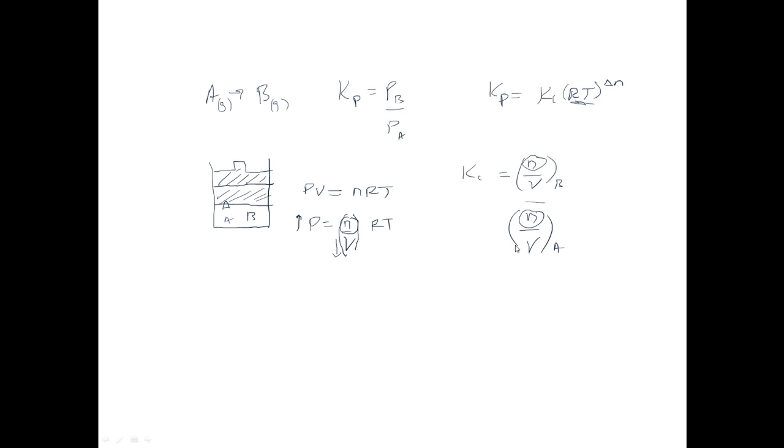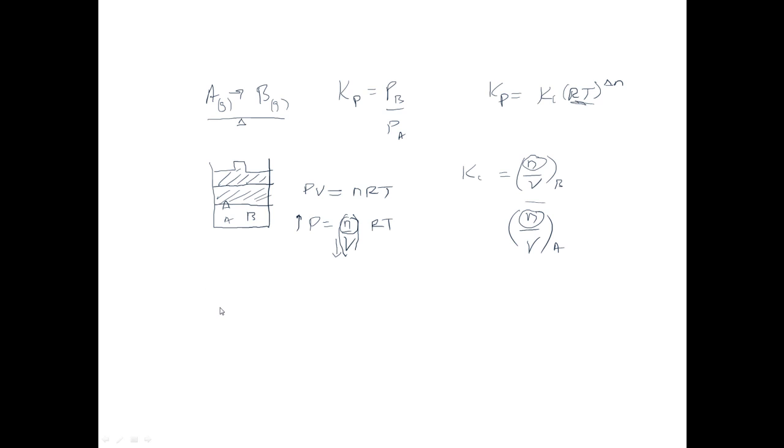Is there any effect? Think about it. No, there's no effect. Both things are affected equally. So in the case of this reaction, if we are at equilibrium and we apply pressure by decreasing the volume, there's no effect on equilibrium.